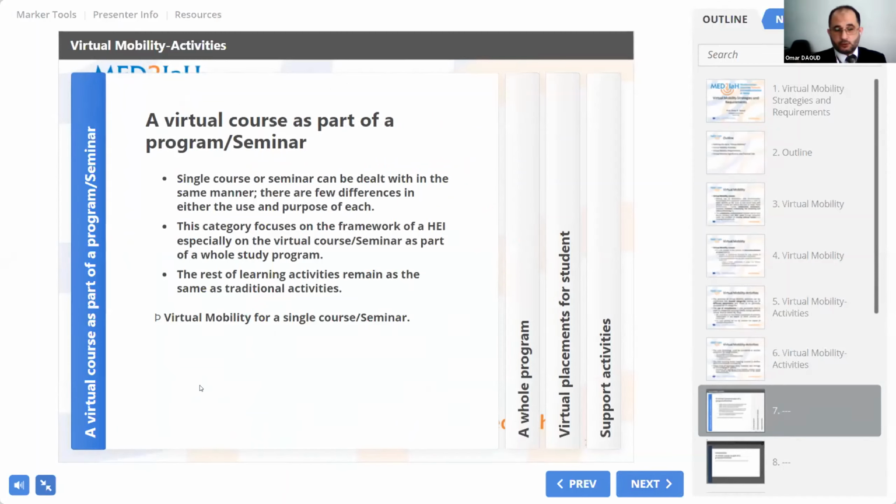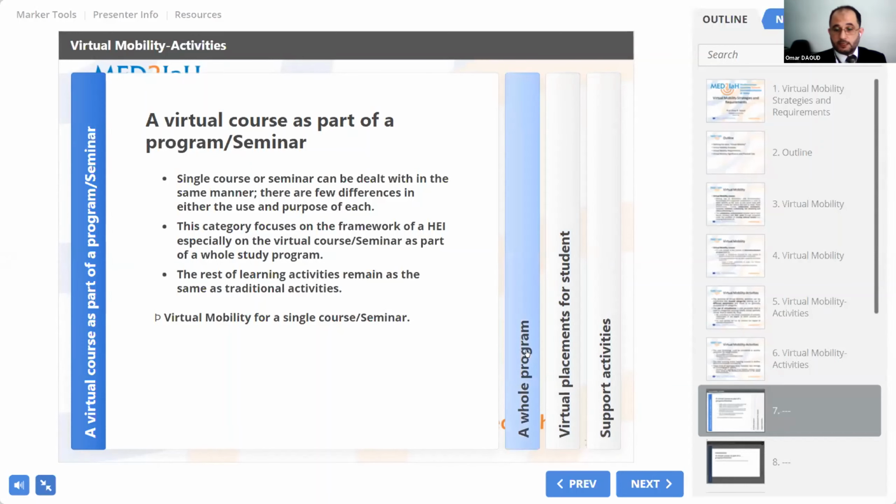There are few differences in the use and purpose of each. These categories focus on the framework of the higher education institute itself, especially on the virtual course or seminar as part of the whole study program.